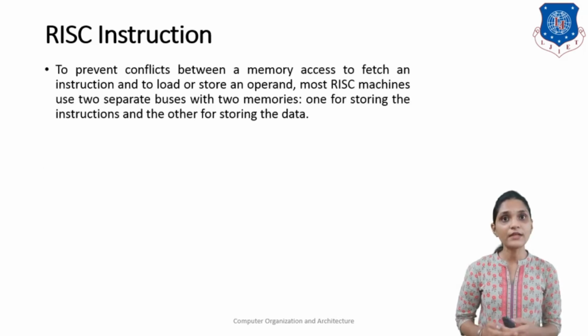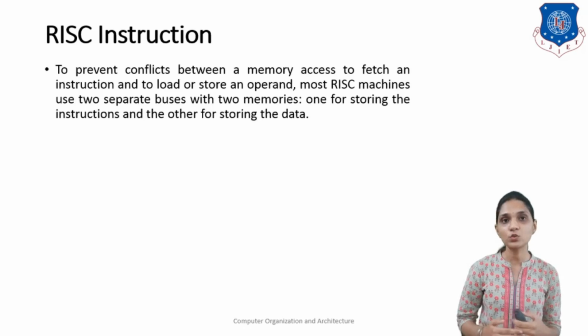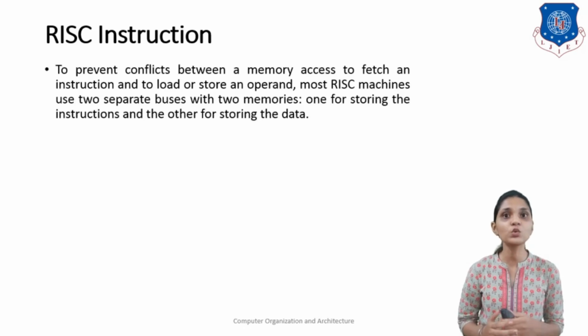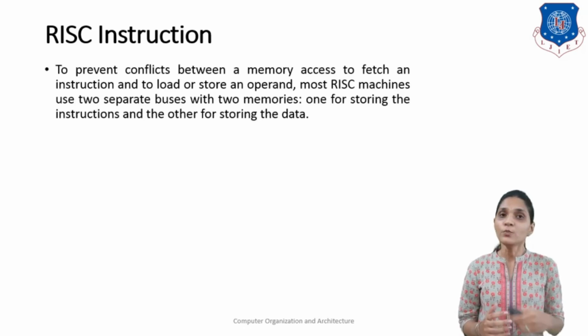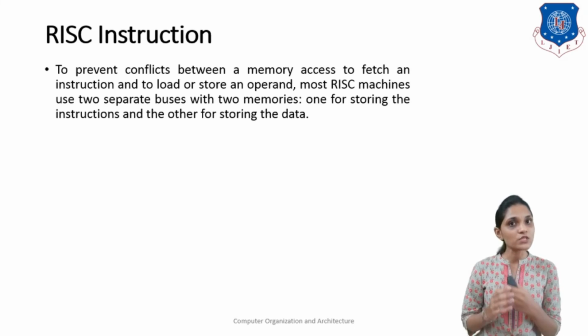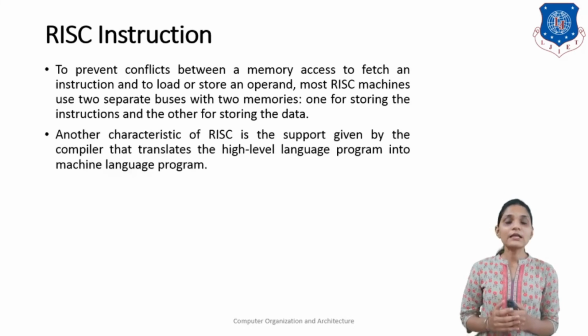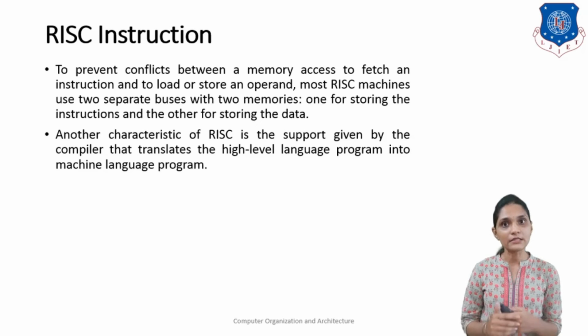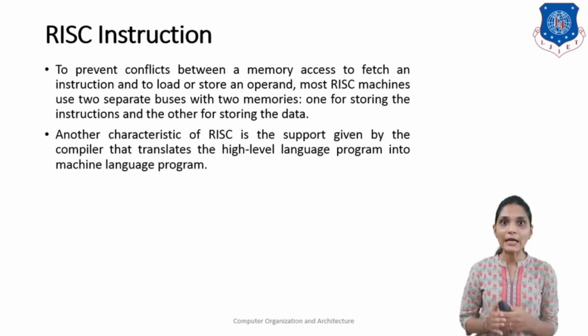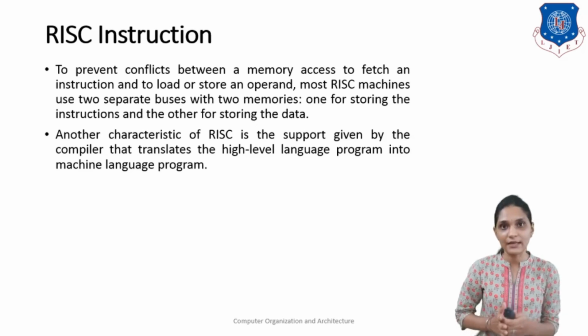And to prevent the conflicts between the memory access to fetch an instruction and to load or store operand, most RISC machines use 2 separate buses with 2 separate memories, one for storing the instruction and another for storing the data. Another characteristic of RISC is that it supports given by the compiler that translates the high-level language program into machine language program.